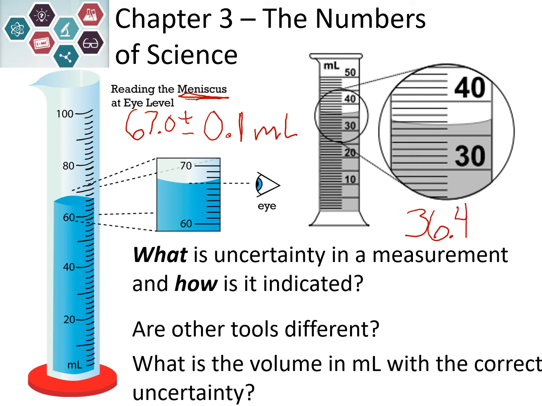So I would estimate 36.4 plus or minus 0.1 milliliters. We know it's 0.1 because our estimation happens at the tenths place.